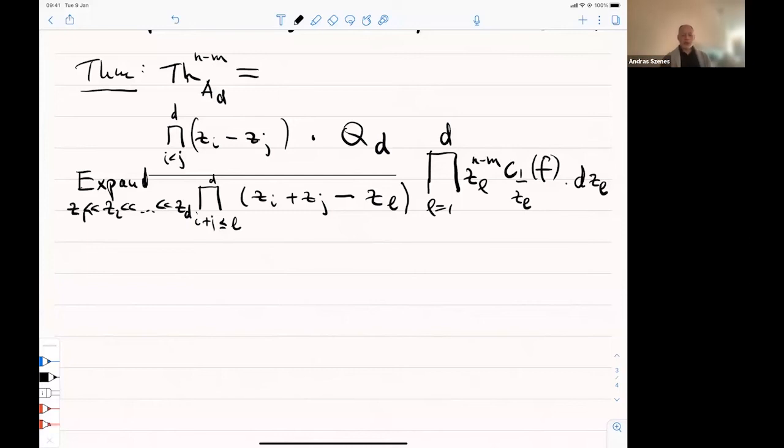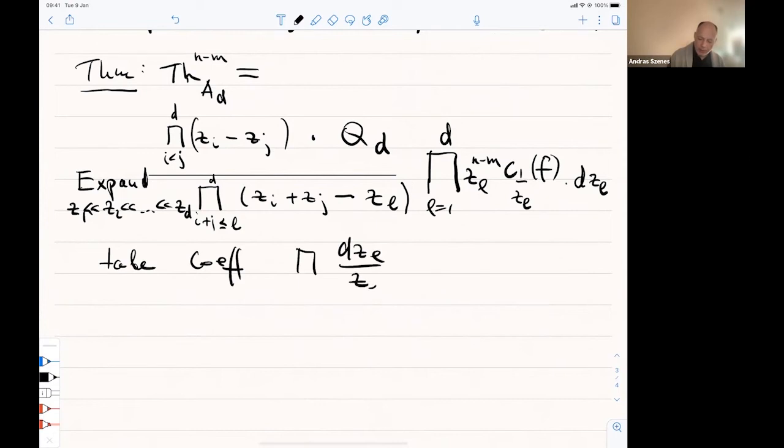So make this expansion. What this means algebraically is that you just divide here by z_l because it's bigger, and then you make an expansion as a geometric series, and then you multiply everything out and take the coefficient of the product of dz_l divided by z_l. Okay, once you make the expansion.